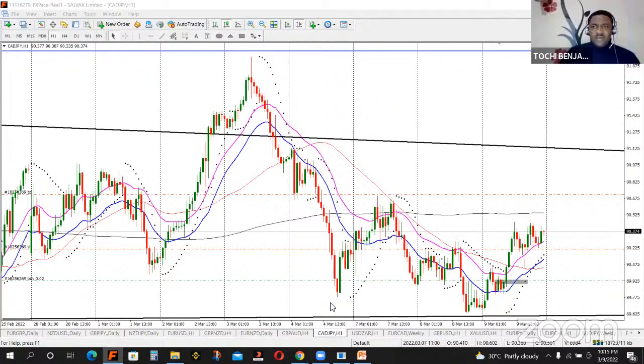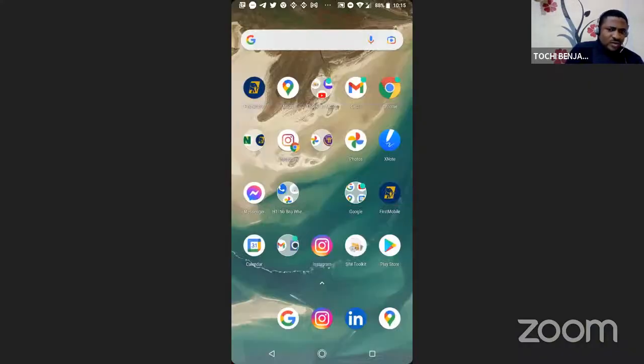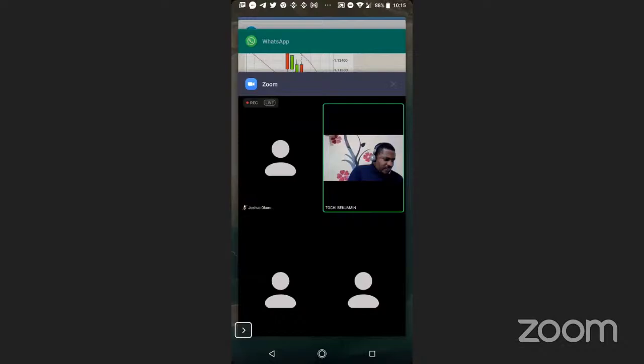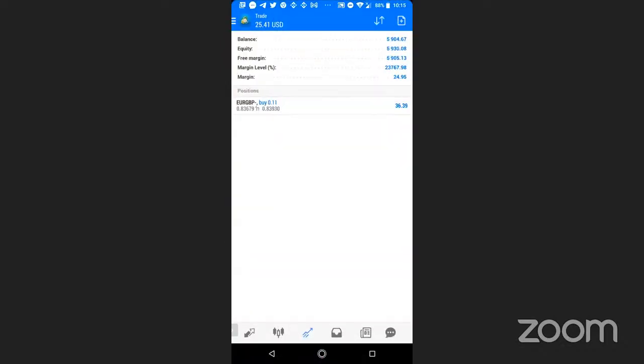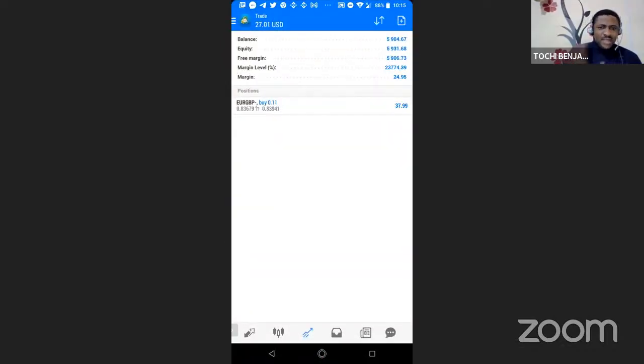Okay, let me stop this first. This is my screen. Let me go to WhatsApp. Okay, now look at trade. This is my trade now. This is a running trade now.